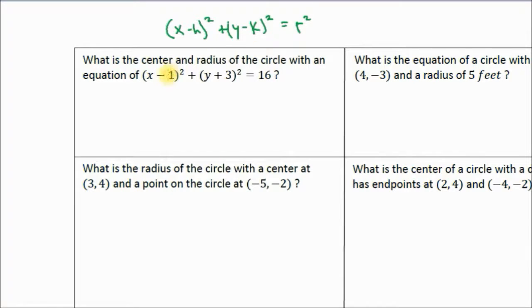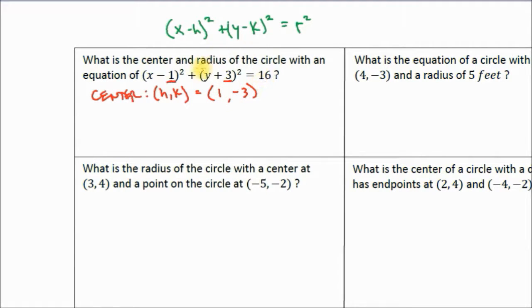So with that set up, we can see that our h value is here and here. So the center of the circle is going to be at (h, k), which in this case is at (positive 1, negative 3).